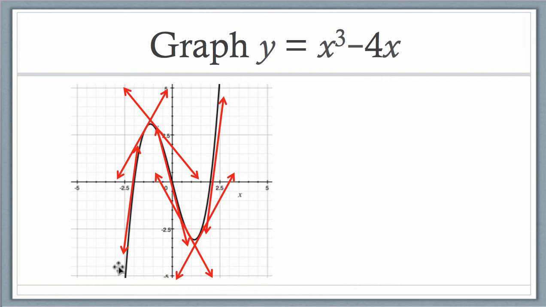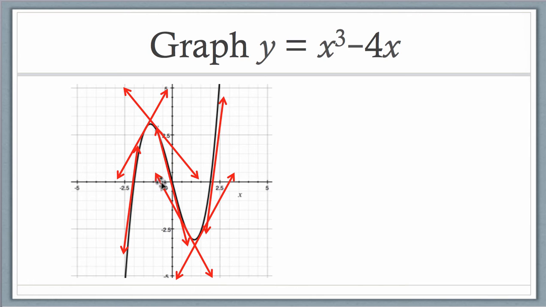So we can see when we are concave down, the slopes of our tangent lines are starting to decrease. Right? We had a very steep slope, not so steep, and now it's negative. When we are concave up, the opposite is happening.